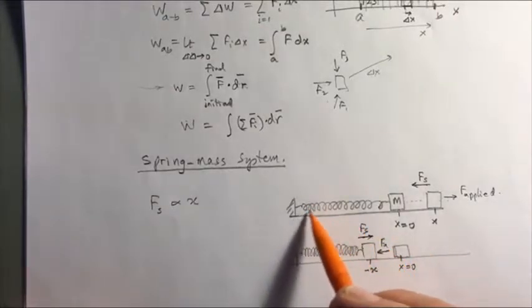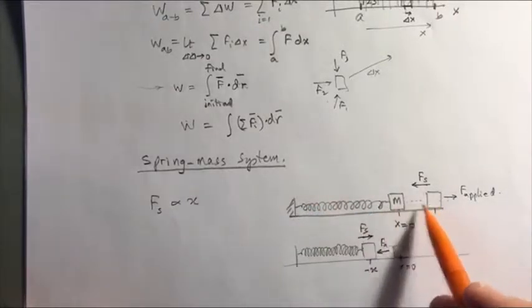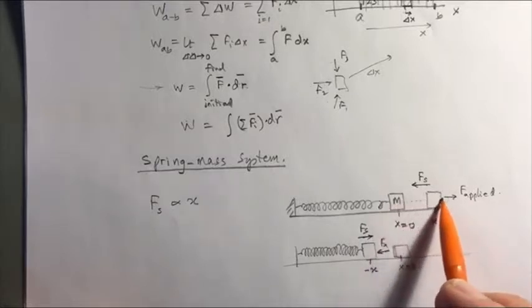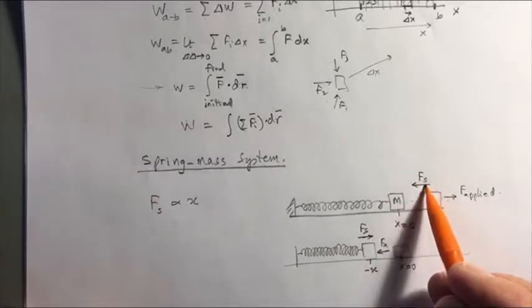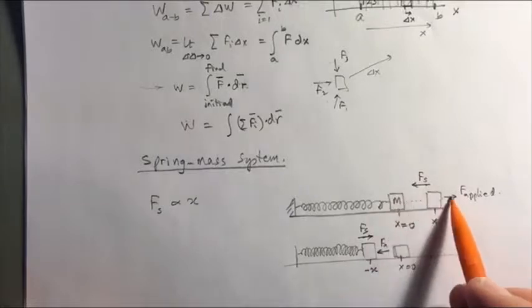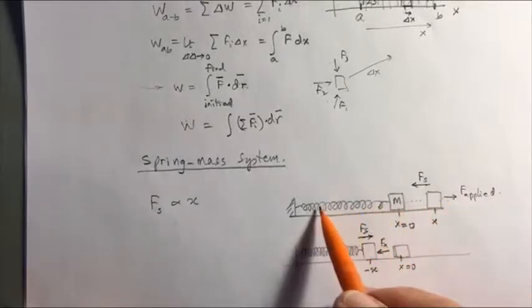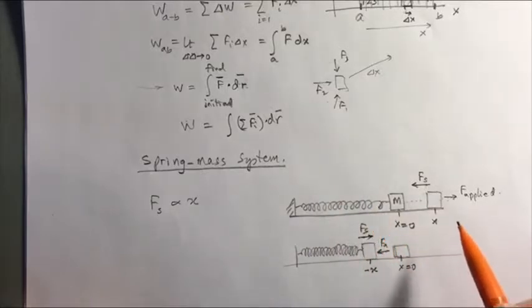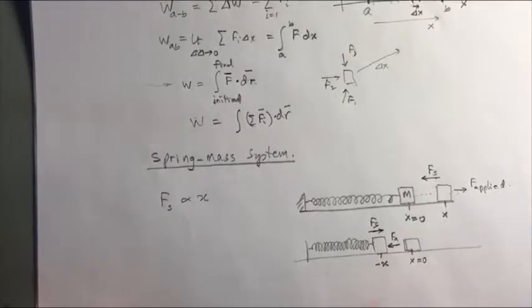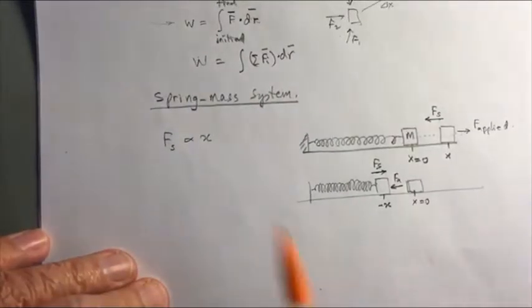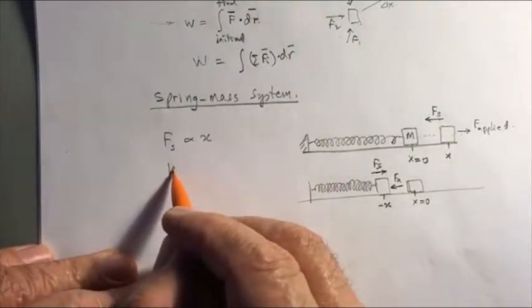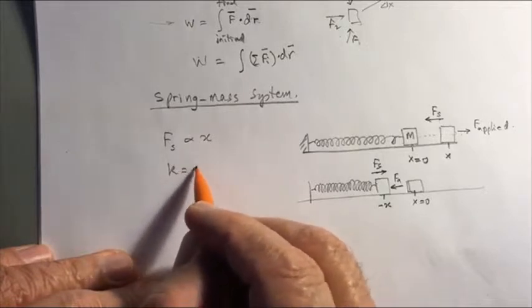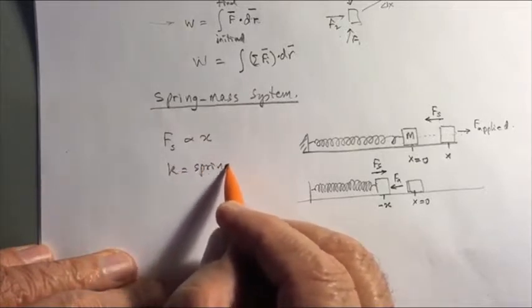Now, we know that we can have different kinds of springs. Some springs would require just a small force to pull it out, which means the restoring force is small, and some would require a great deal of force to pull them out, so that spring would be more stiff or harder to pull. So to account for different kinds of springs, or different strengths or stiffnesses, we introduce a term which is written as a K, which is called the spring constant.